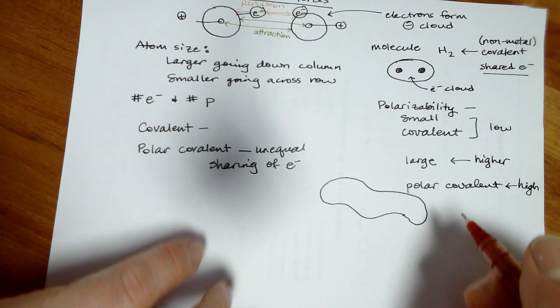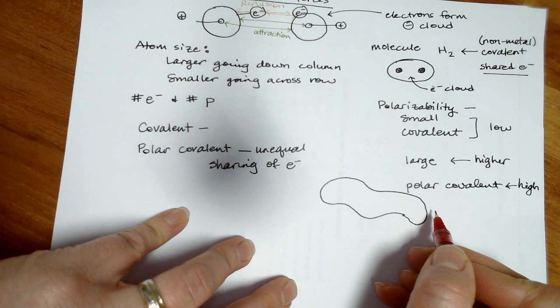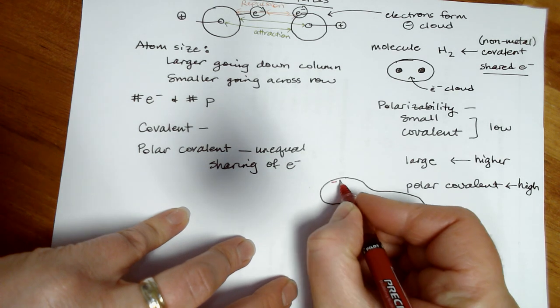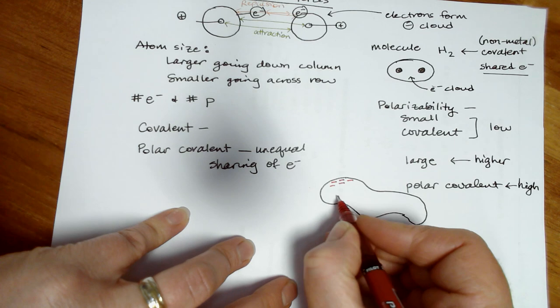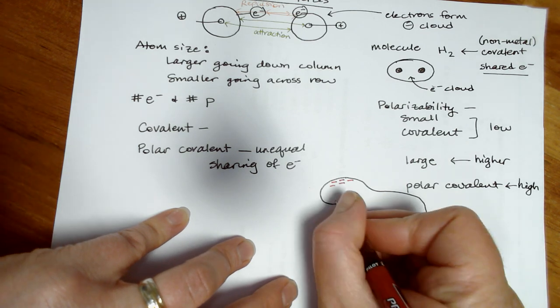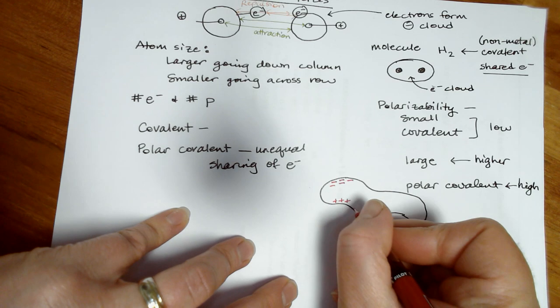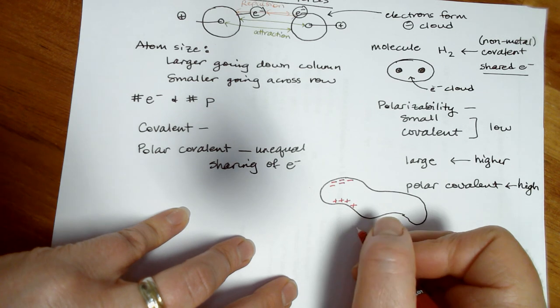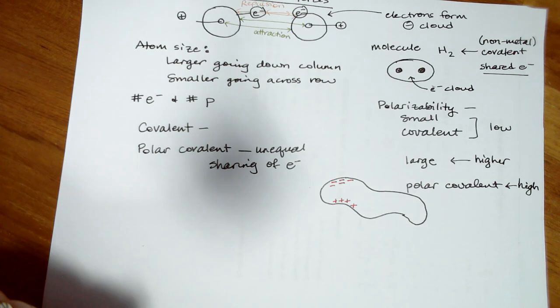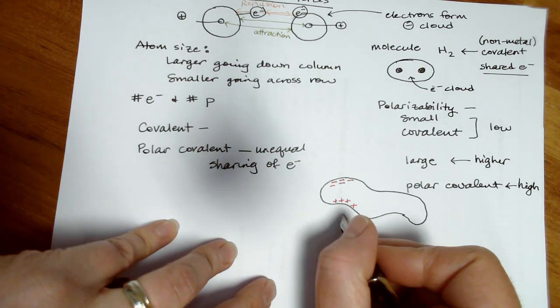you are going to have a situation where the electrons randomly go to one side or another. So you might end up with this side over here all of a sudden having a little extra negative on it. And so that means that over here you might have a little extra positive on this side of the molecule. No big deal, except that maybe you have another molecule over here next to it.